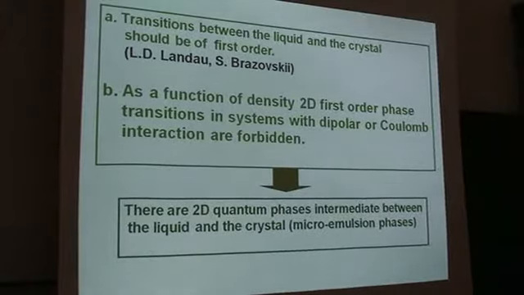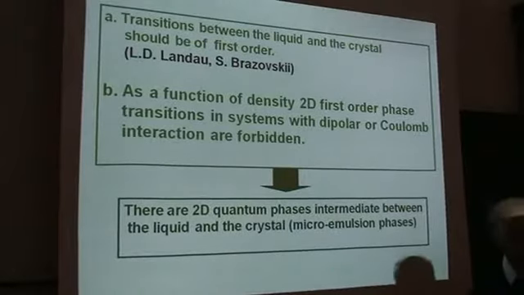But yes, in classical, for example, if you consider another system, lipid films on the surface of water, which has a strong first-order phase transition and dipolar interaction at large distances, you will have the same difficulties with intermediate phases.